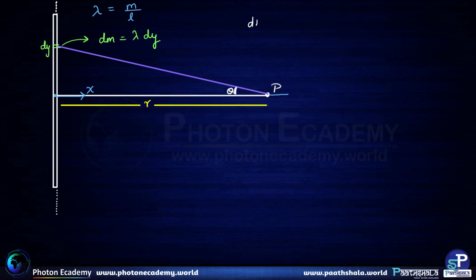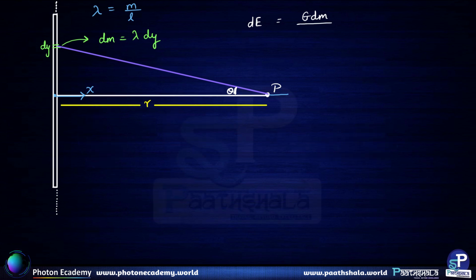dE for this particular mass is going to be G dm. Obviously it will be pointing towards the mass, so it's going to be G dm upon, so this particular distance, so this is y, so this particular distance is under root of y square plus r square.